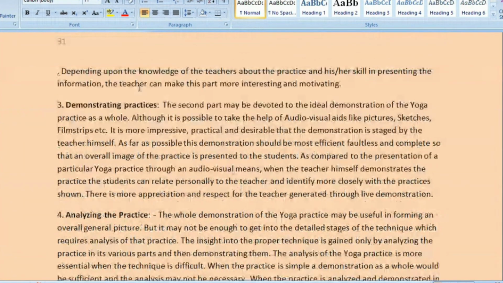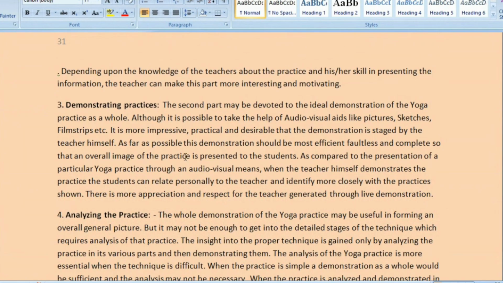Now, third, demonstrating the practice. The second part may be devoted to the ideal demonstration of the yoga practice as a whole. Although it is possible to take the help of audio visual aids like pictures, sketches, film strips, etc., it is more impressive, practical, and desirable that the demonstration is staged by the teacher himself.